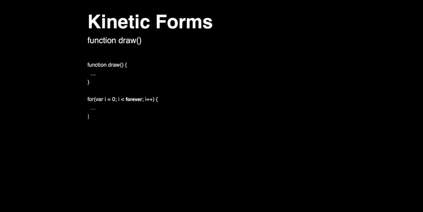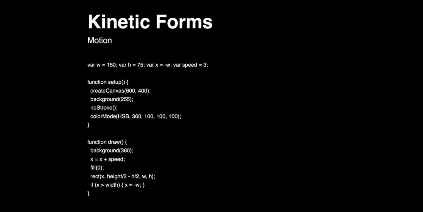So what if we wanted to do something a little bit more advanced, like moving something across the screen from left to right, rather than just randomly positioning a circle on the screen? So this is what we're going to do next. We're going to create a variable for our width, a variable for our height for a rectangle.